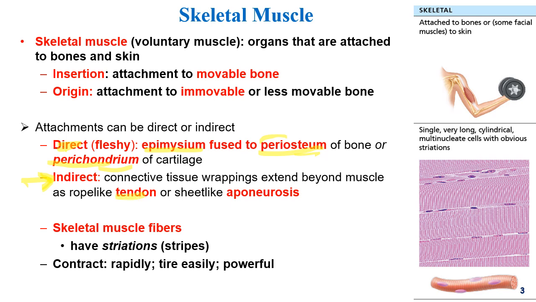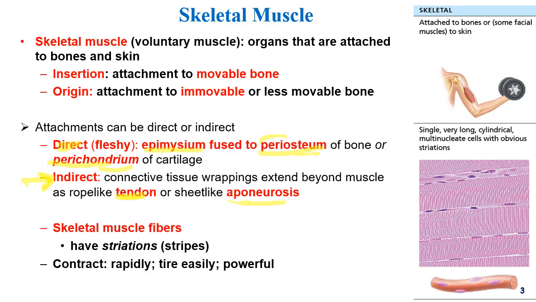Okay, so the tendons are then going to connect with the bone. Now, similarly, instead of just one direction tendon, you can have a whole sheath that can connect to bones or to other organs, and the sheaths are called aponeurosis.